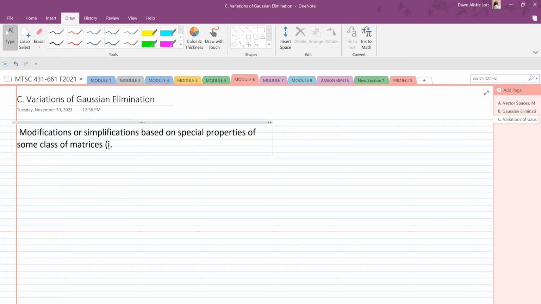For example, symmetric or positive definite. Okay, and there are ways to write Gaussian elimination in a more compact form.